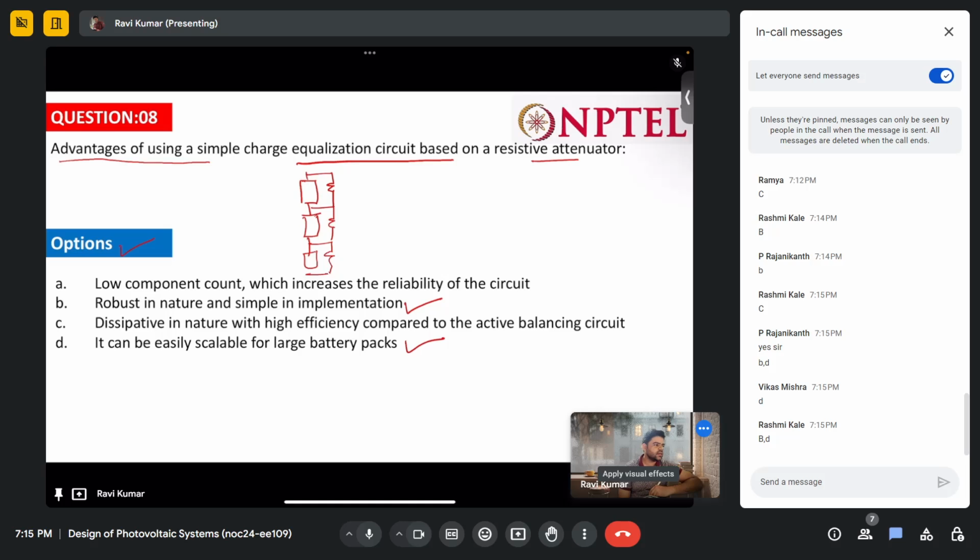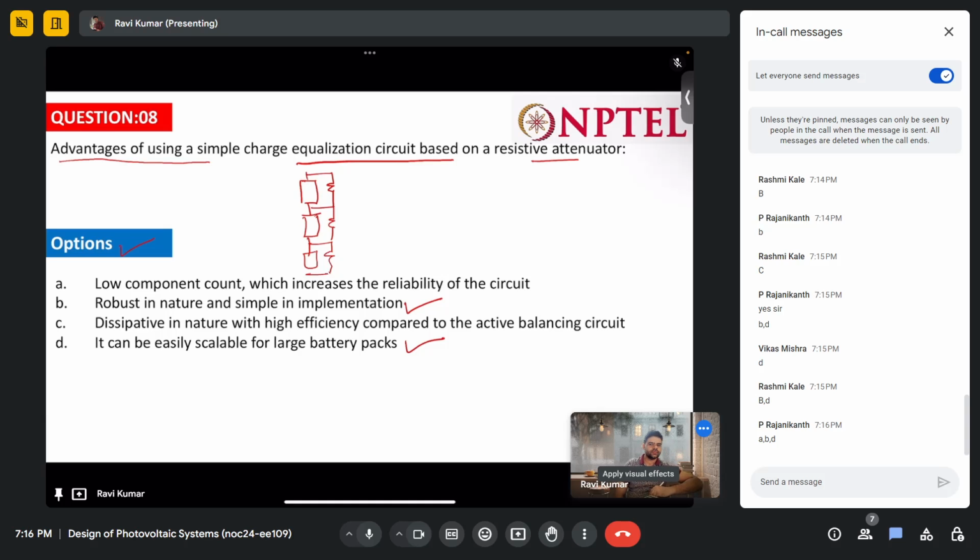I agree. What about A? See, one battery, one resistance. We have one component only.